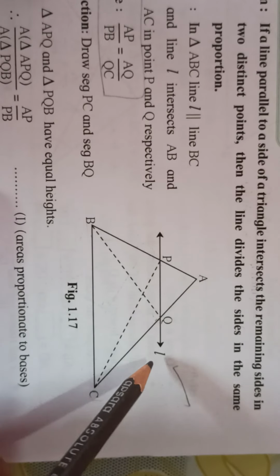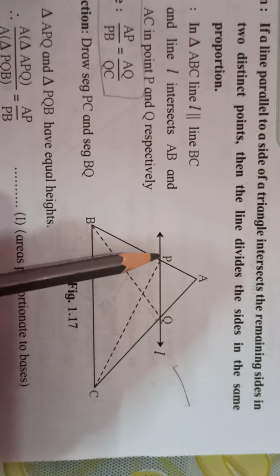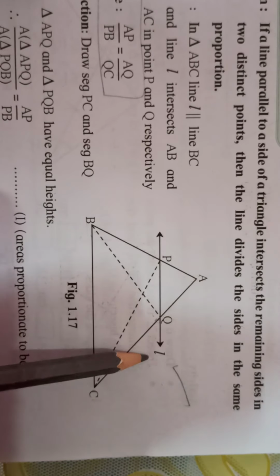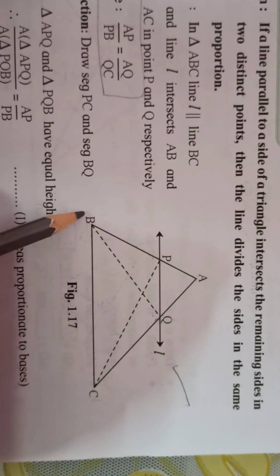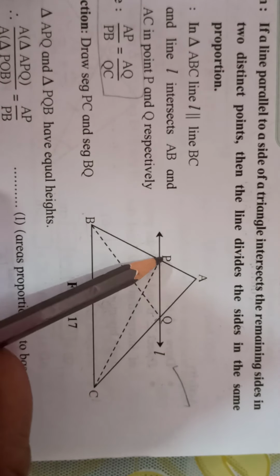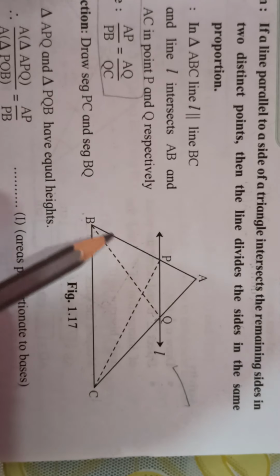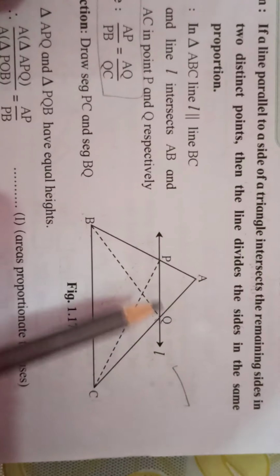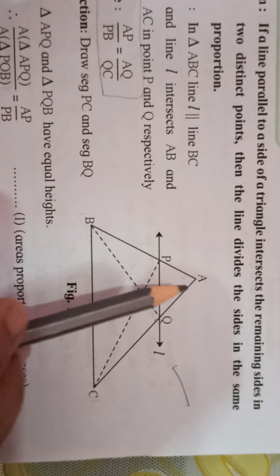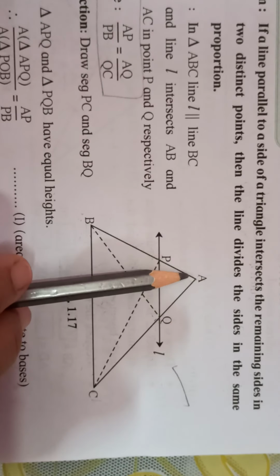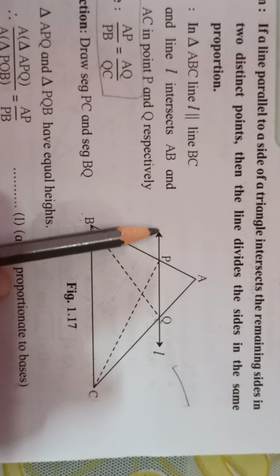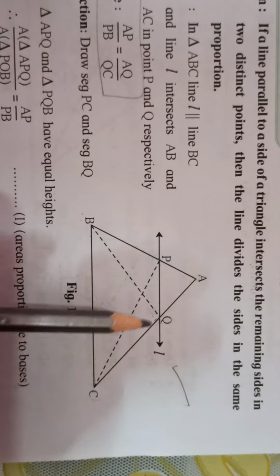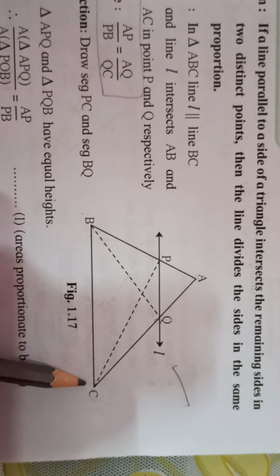The line, that is line L or line PQ, will divide the sides. Line PQ or line L will divide AB in a proportion, that is AP upon PB, that is M is to N. It is going to divide side AC in the same way, as AQ upon QC.